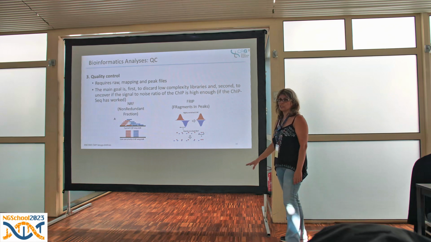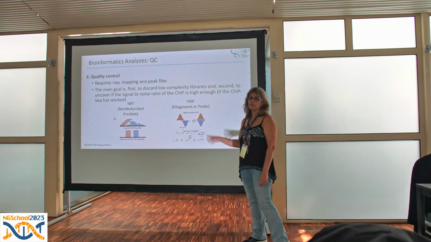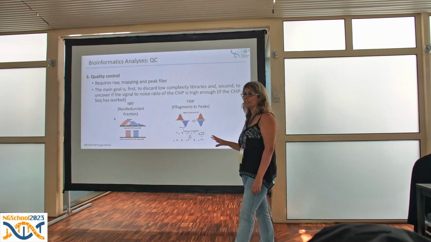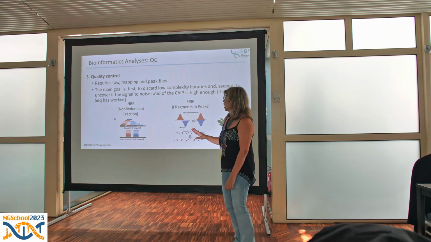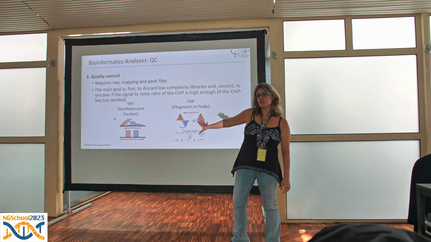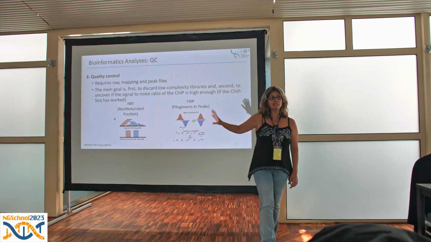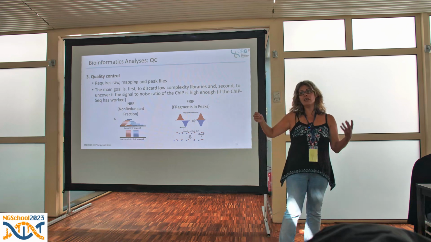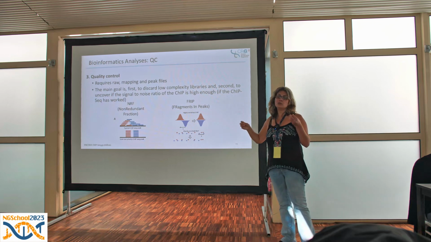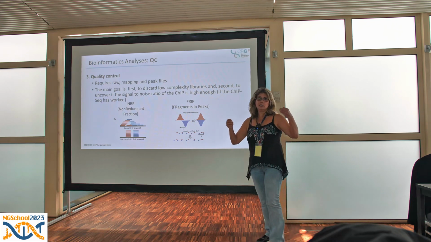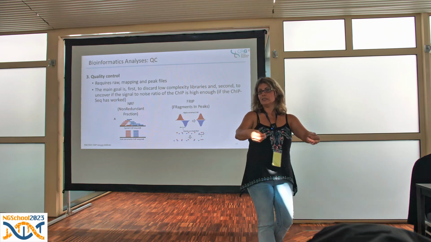The ENCODE project, as you may know, has worked for 20 years on developing technologies and computational methods to analyze this kind of data. So they have put a lot of effort into developing metrics to understand if an experiment is working or not. Because at a certain point, we need to know if our experiment is good enough to perform the downstream analysis.